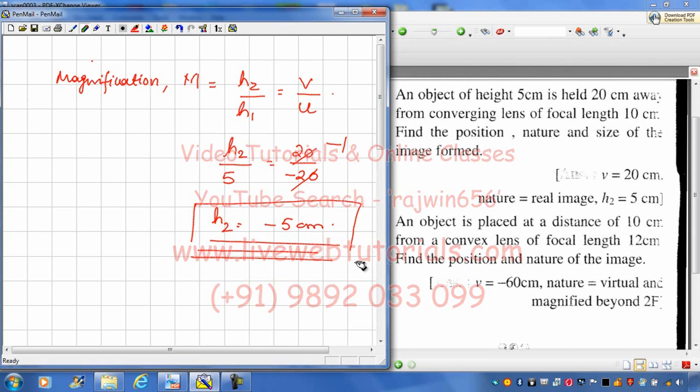This will happen when the object is placed at double the distance of focal length. That is, you can see here the focal length is 10 centimeters and the object distance is 20 centimeters. So the image distance is also same, the object distance is also same, and the height of that is same as height of the object. This is going to happen when the object is kept at double the distance of focal length, that is, it is kept at the center of curvature.